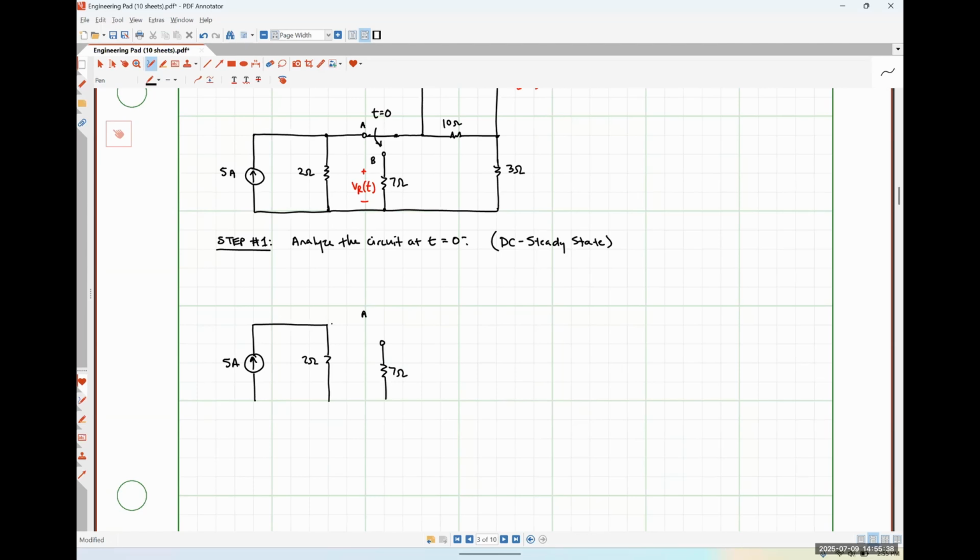Here's A. Since my switch is connected here, I'm just going to draw this as a short circuit like so. Here's my 10 ohm resistor. Here's my inductor. Because we're at DC steady state, the inductor looks like a short circuit. Here's my 3 ohm resistor.